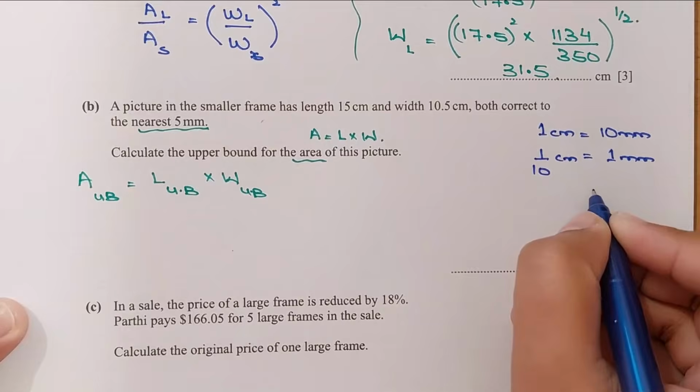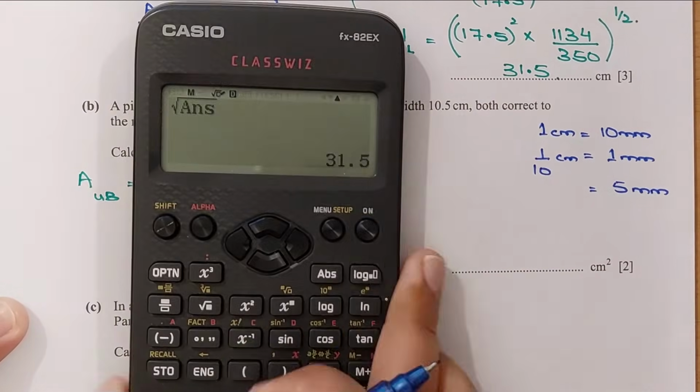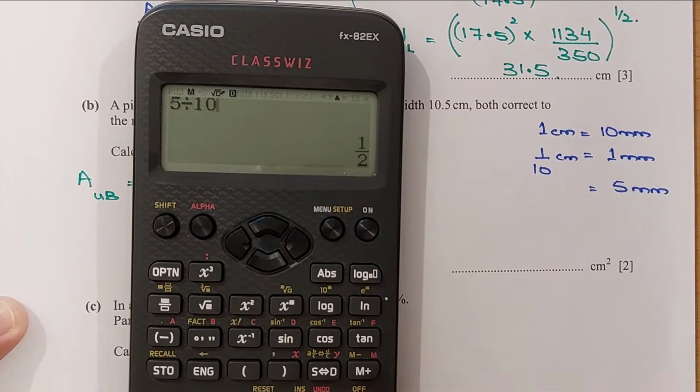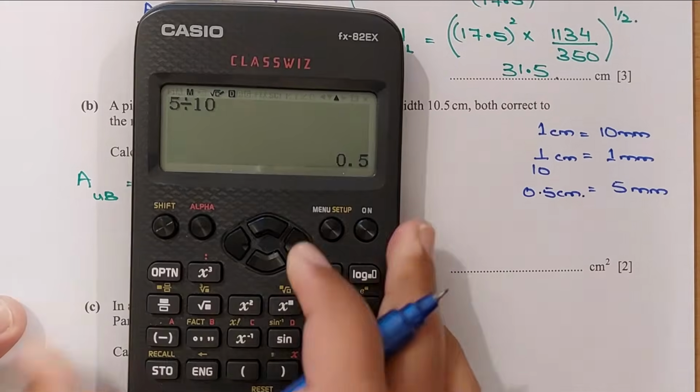So 5 millimeters is 5 by 10 centimeters, which is 0.5 centimeters, right?